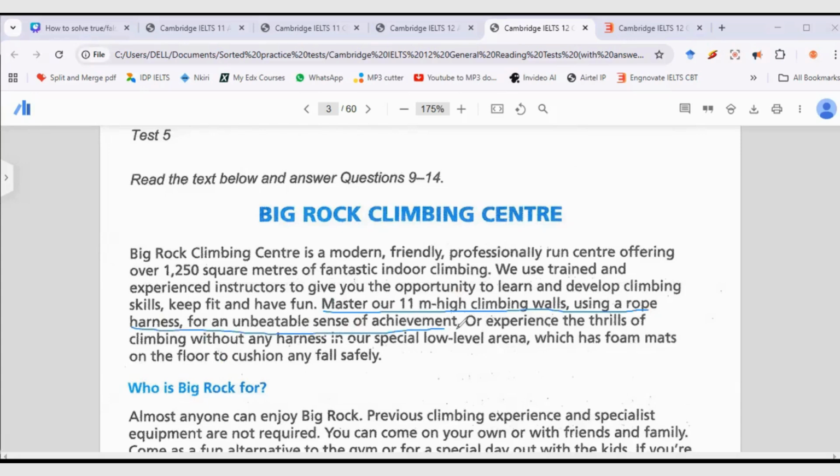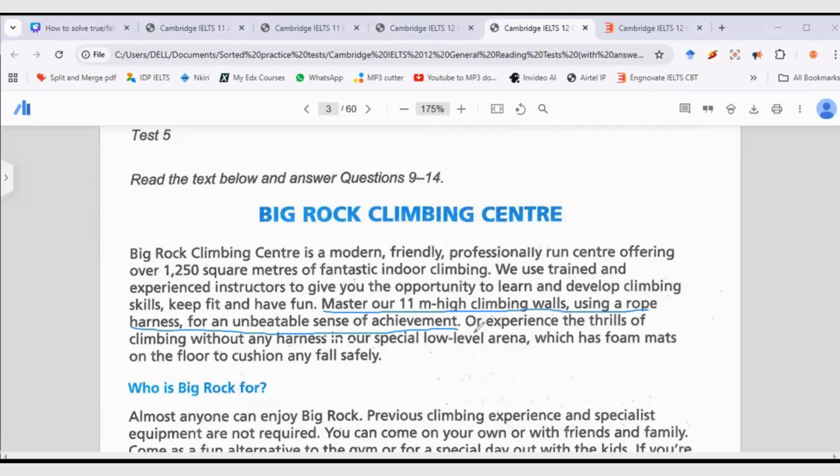We don't know whether it is compulsory or not based on this part that I've underlined. If I pick my answer based on this sentence, my answer will be not given because we don't know whether it's compulsory or not. But look at the next sentence, everybody.